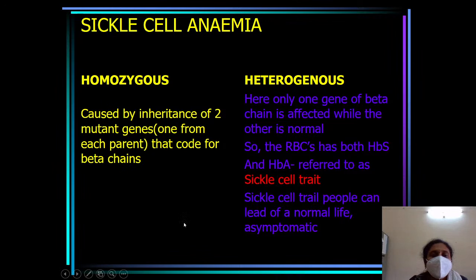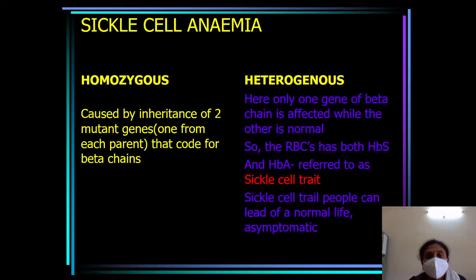Homozygous means it is caused by the inheritance of two mutant genes that code for beta chains. Here there is mutation of the genes which are responsible for synthesis of beta chains. Two genes are mutated, one from each parent.